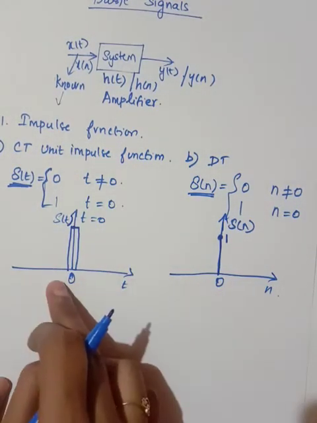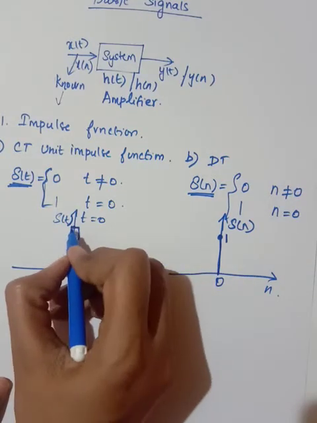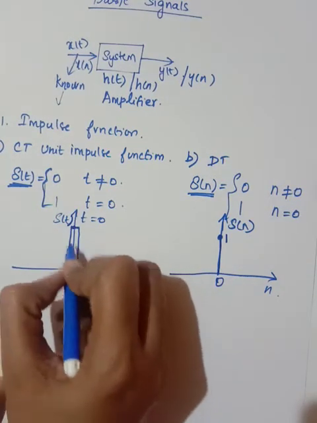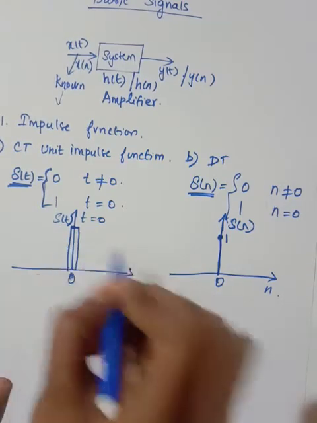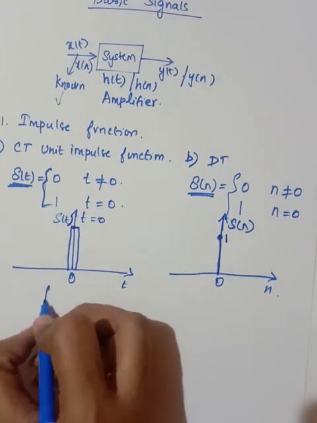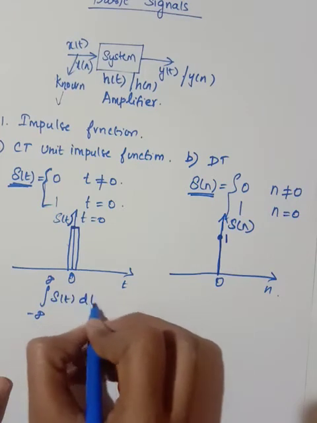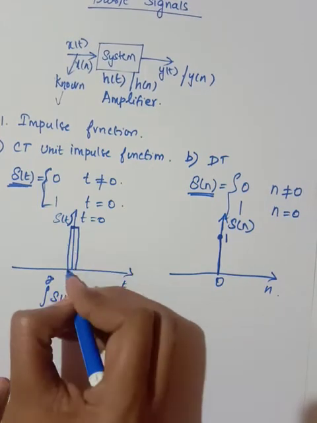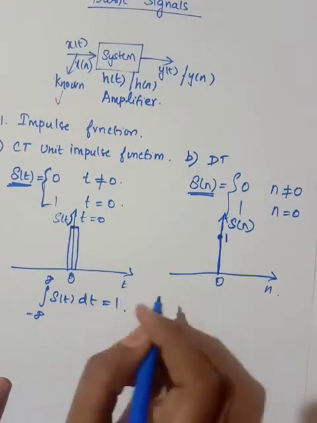In order to differentiate continuous time and discrete time, we represent this impulse with a very small width. How the width is determined: when you integrate del of t dt, it is equal to 1. That is, the area under it is 1, whatever the shape may be.